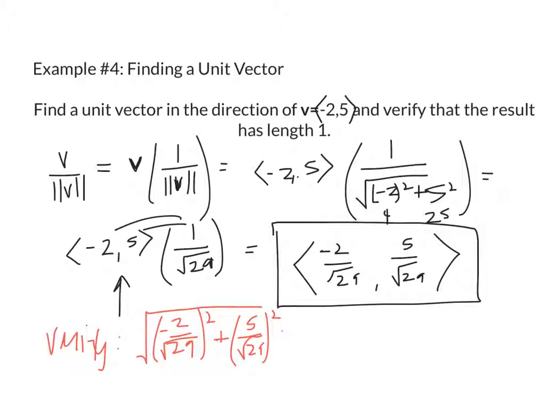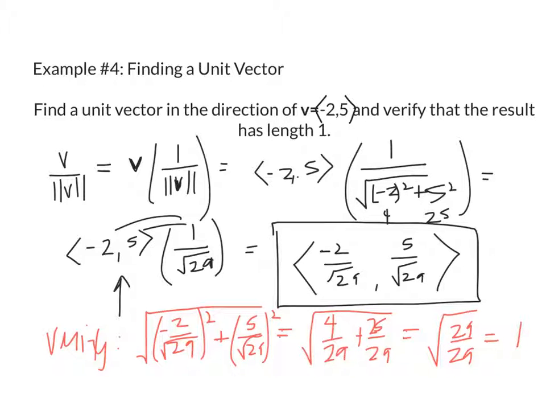Now the numerators are easy to square. The denominators just become themselves, so that becomes the square root of 4 over 29 plus 25 over 29. That then becomes, as a fraction, the square root of 29 over 29, and the square root of 29 over 29 is 1. So this actually is a unit vector. Okay, let's keep going.